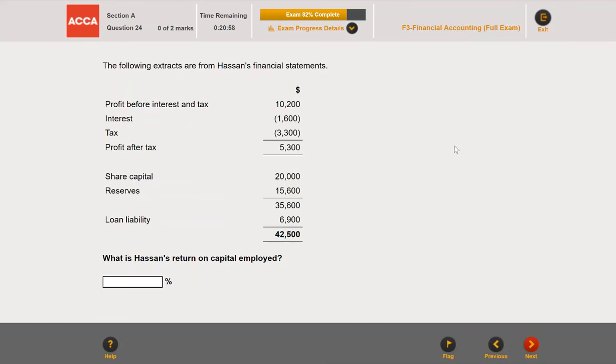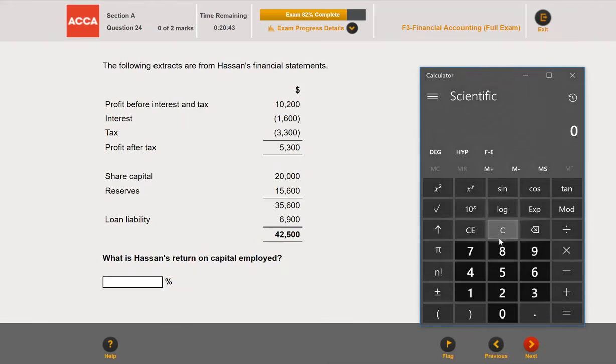Equity in this case is 35,600 and non-current liability is 6,900. So total capital employed is 42,500. And we have profit before interest and tax as well. So straightforward, 10,200 divided by 42,500, which equals 24%.